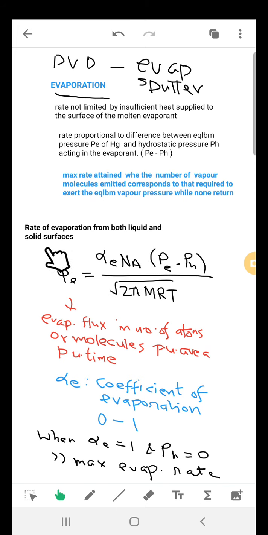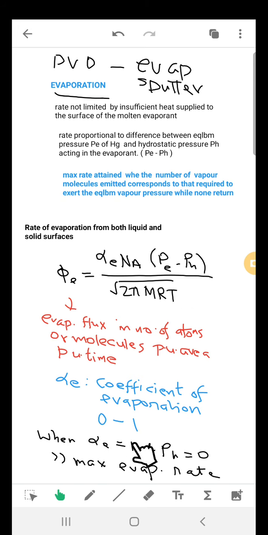Based upon that, this is the equation for the rate of evaporation from both liquid and solid surfaces. Here phi E is the evaporation flux, that is, the number of atoms or molecules evaporated per unit area per unit time, and it is equal to alpha E, the coefficient of evaporation, which lies between 0 and 1, times Avogadro's number, times the pressure difference, divided by the square root of 2 pi mRT, where m is the mass of the evaporant, R is the gas constant, and T is the temperature.